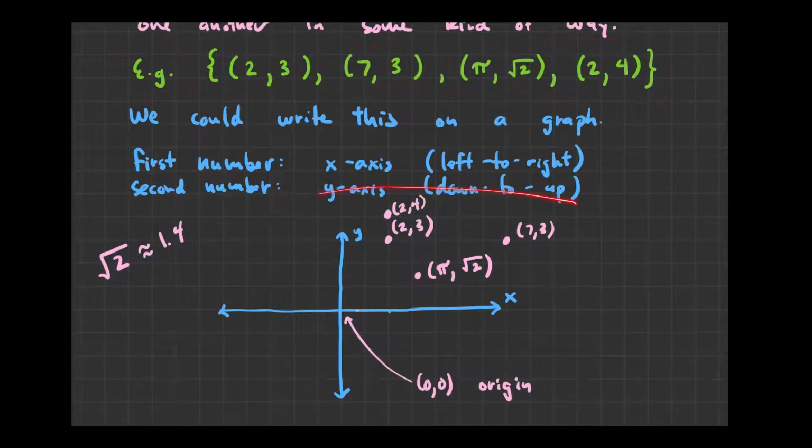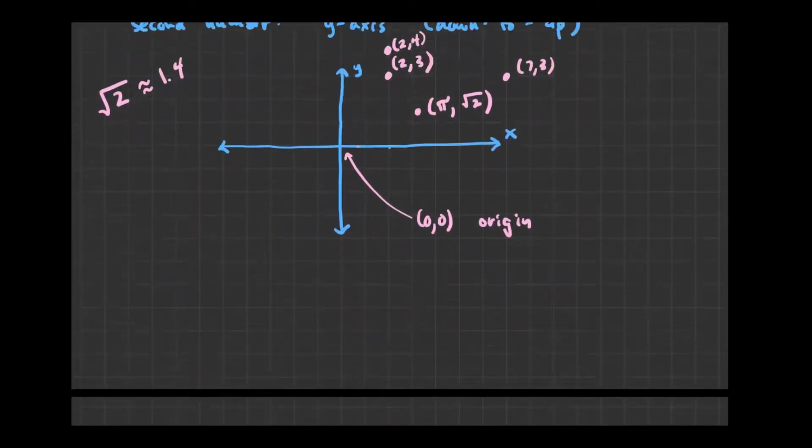Another way we could do it is by writing down a whole bunch of points on a graph. So this is kind of a visual way. I'm going to show you one more way to express a relation, and this is with a mapping.